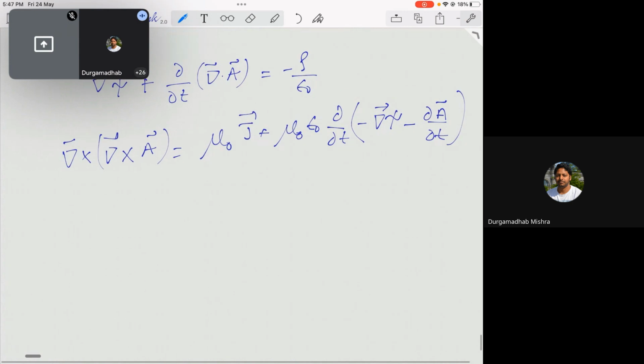In place of B, I'm writing curl of A, and in place of E, I'm writing this.